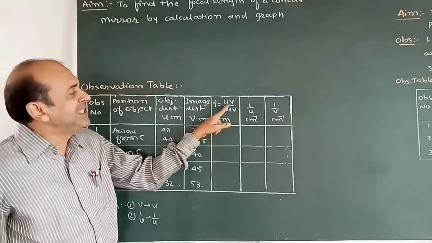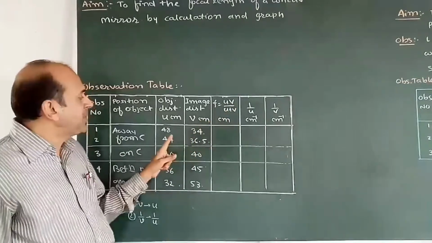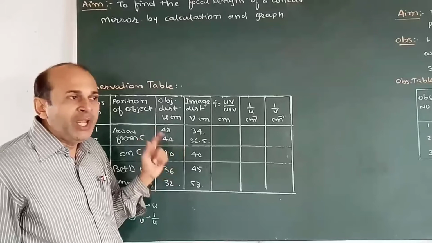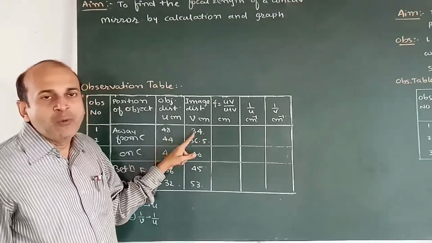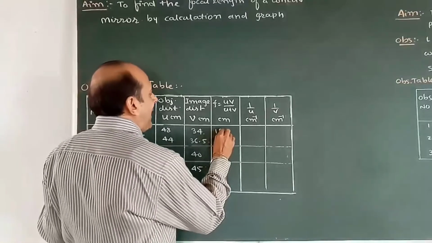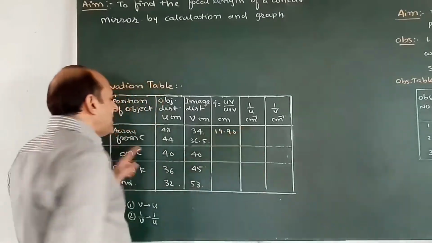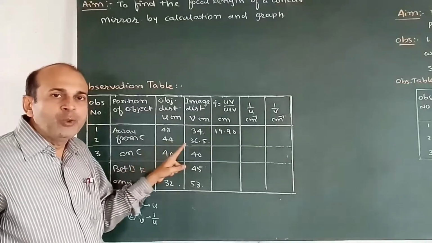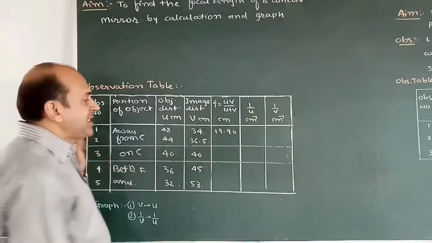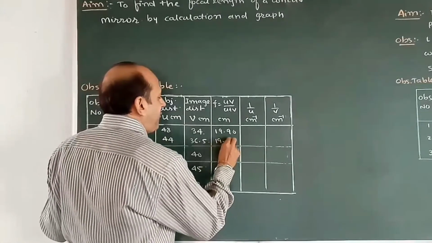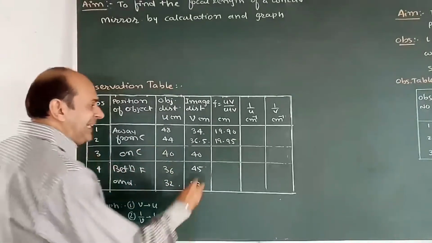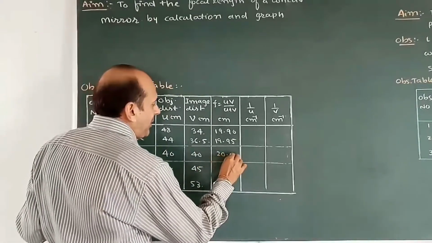Now the formula is UV upon U plus V, that means the product of U and V divided by the sum of U and V. So 40 into 34 divided by the sum is equal to 19.90. The second calculation, 44 into 36.5 divided by the sum, is equal to 19.95. And here 40 into 40 divided by 80 is equal to 20 centimeter.